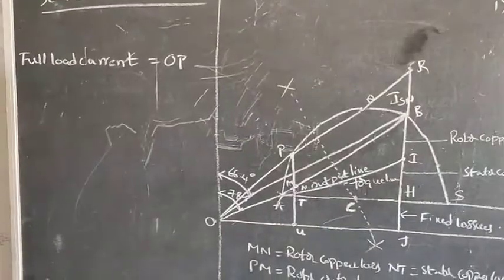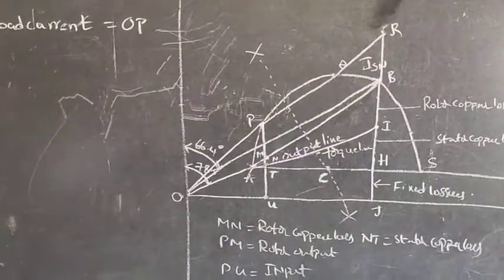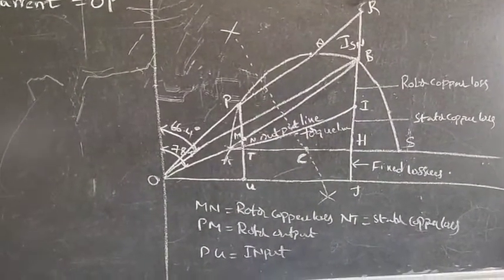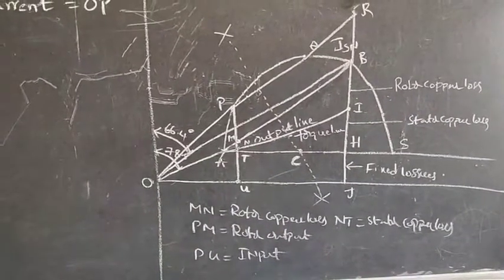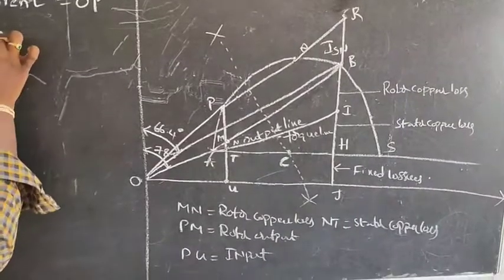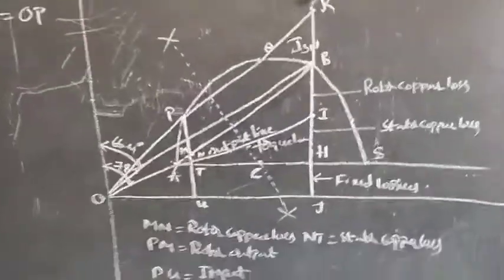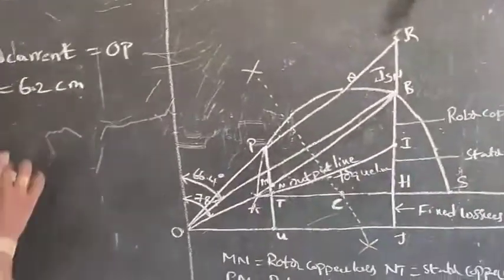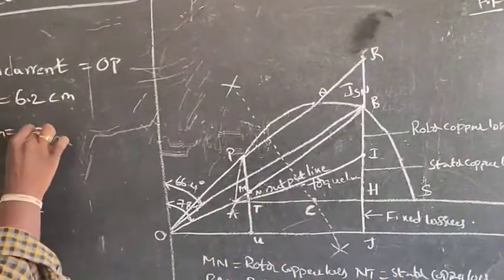When you draw on a graph sheet, the OP value equals 6.2 centimeters. We can choose the current scale: 1 centimeter equal to 5 amperes.